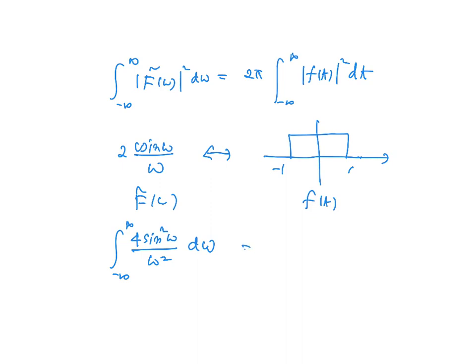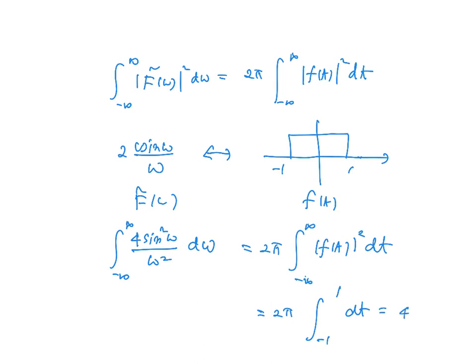The same as this, right? Same as 2 pi dt, right? But f(t) is simply the square from minus 1 to 1. So that integral is actually 2 pi times the integral from minus 1 to 1 dt, right?